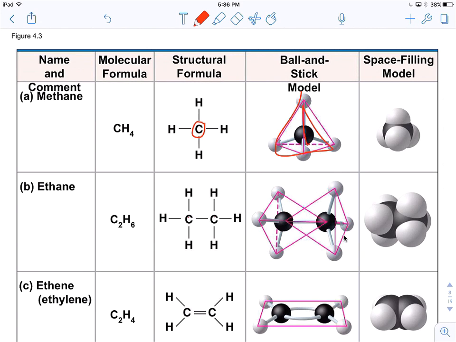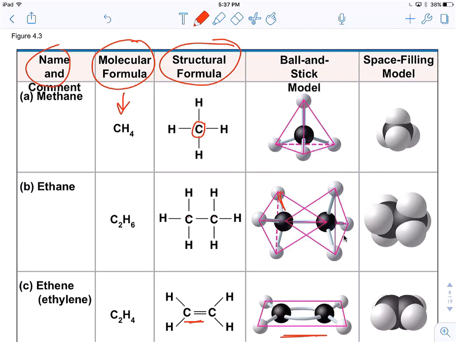If you have 2 carbons, it's going to form 2 little tetrahedrals here. I'm just making a mess. Let's take that stuff out. Too confusing. And then if you have a double bond here, you'll see it becomes flat. It'll be in the same plane as the carbons. And so we have our name, our molecular formula, which is CH4, C2H6, C2H4, and then our structural formula.